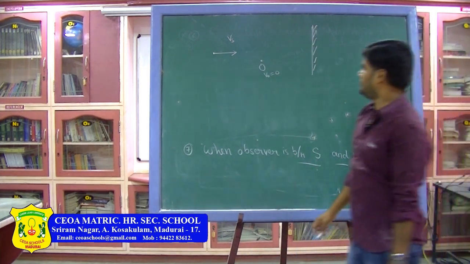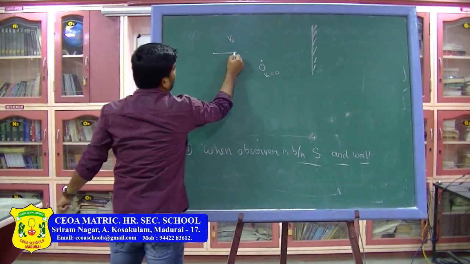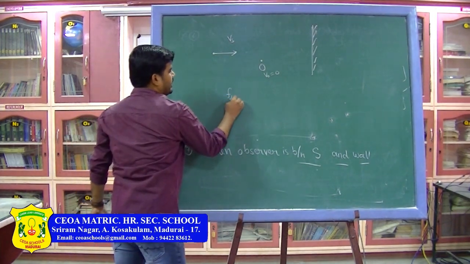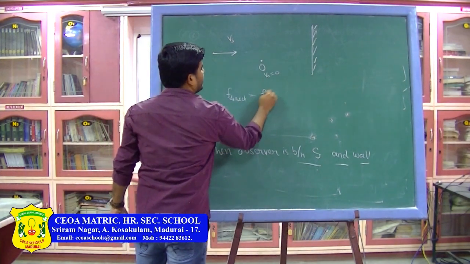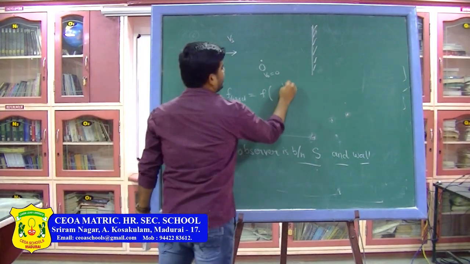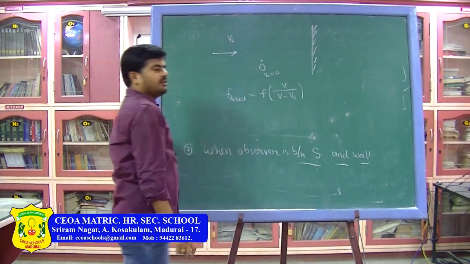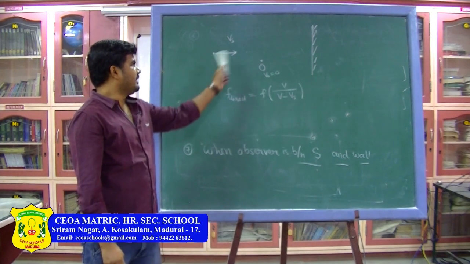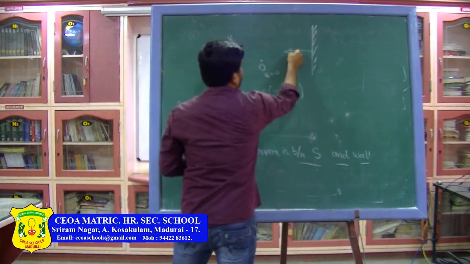In this case, the actual source is moving towards a stationary observer. So, the apparent frequency by direct sound is equal to F into V divided by V minus Vs, because the source is approaching the observer at rest. This is the apparent frequency due to Doppler effect in direct sound, and this sound will reflect and come in this direction.